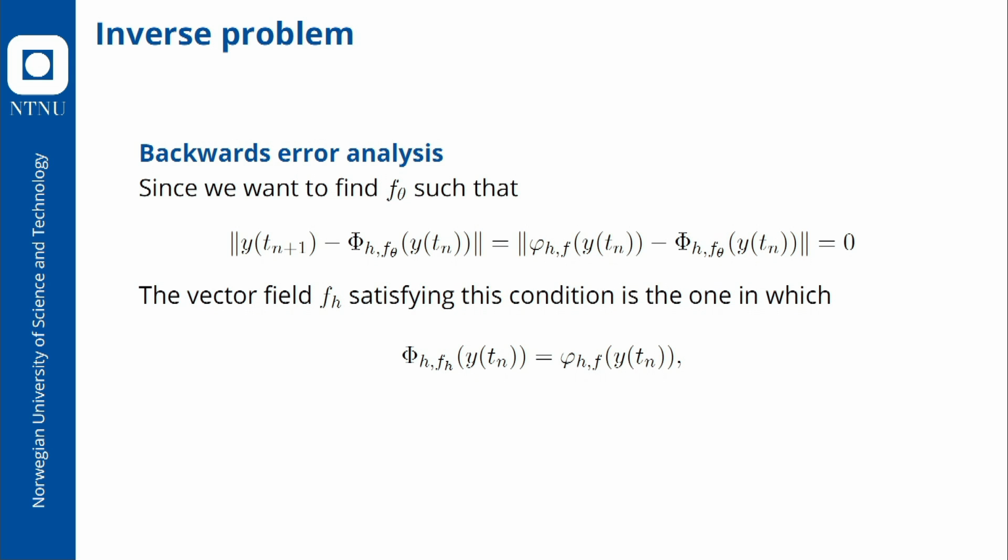And we can see that the vector field, which we now will call f subscript h, which in some cases is called the inverse modified vector field, is the vector field that satisfies the following condition. And let's now assume that we know the vector field and we know the numerical method that we use, the large Phi, we can derive this f subscript h by Taylor expansions.